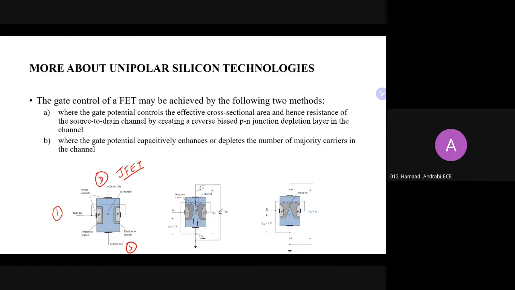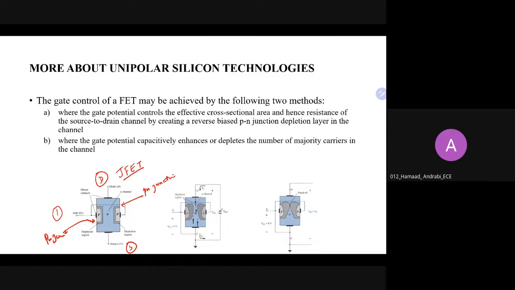Wherever P is in contact with N, it will form a PN junction. So we have a PN junction on the right hand side, which is gray, and another PN junction on the left hand side. So there are two PN junctions.